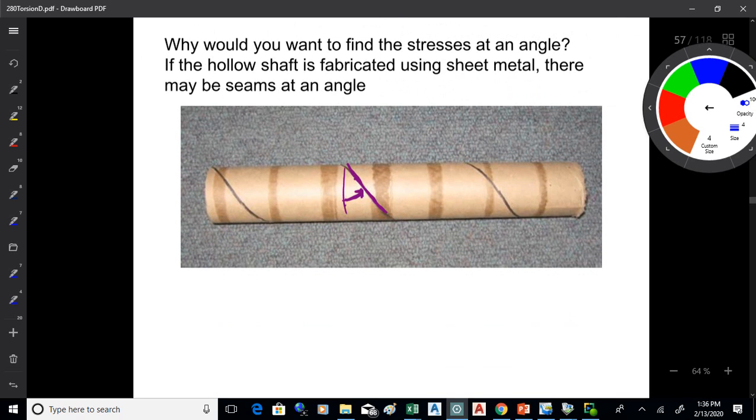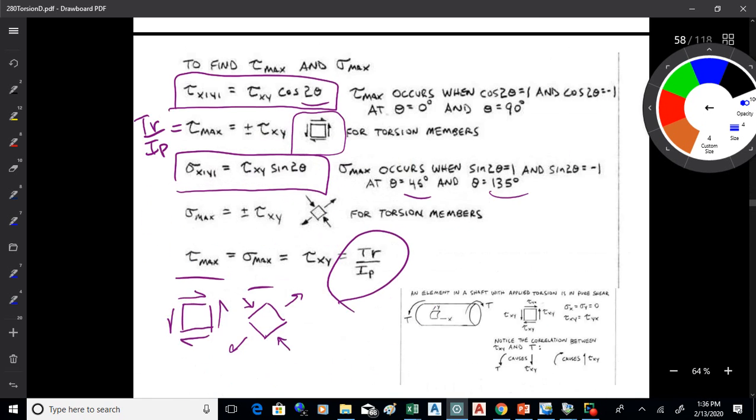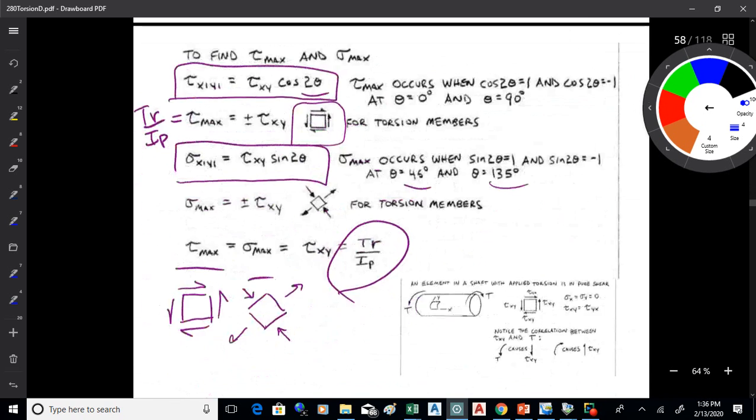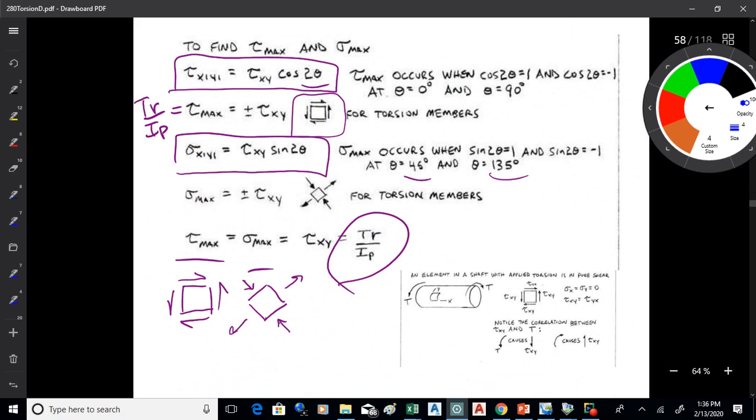Right? And depending on how you fabricate a shaft, you might want to know what the stresses are at a given angle. Okay. Now, if we want to know what the maximum stresses are, the maximum shears occur at 0 and 90 degrees. And they're equal to TR over I. Okay.